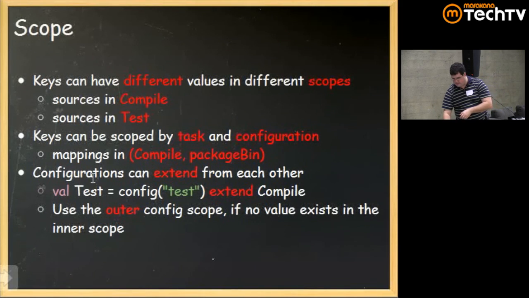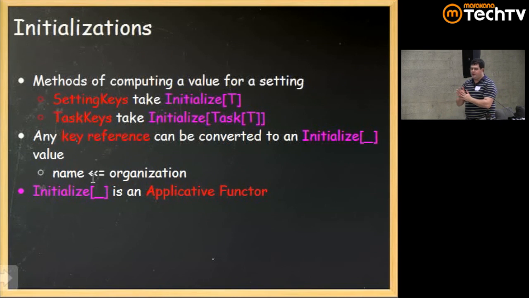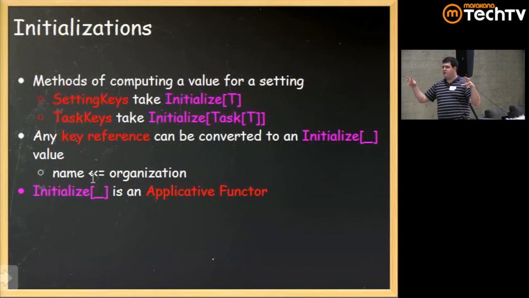Yeah, so that is scope. We're going to talk a little bit about initialization. So a setting key has a type associated with it, right? A name is associated with strings. Names can only take instances of strings. There is a class called Initialize. Initialize kind of wraps a function of no arguments that generates a T, okay?